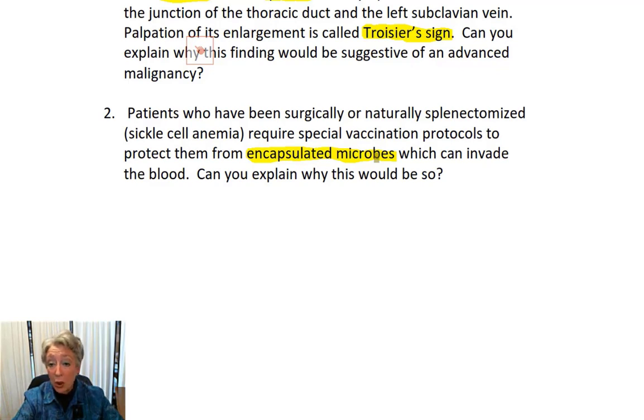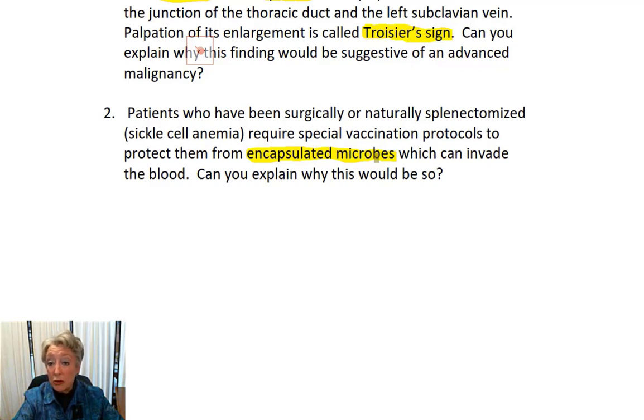It would be like trying to hold on to a bar of soap in your shower. The slipperiness makes it almost impossible. So without a spleen, encapsulated microbes become a terrific problem.